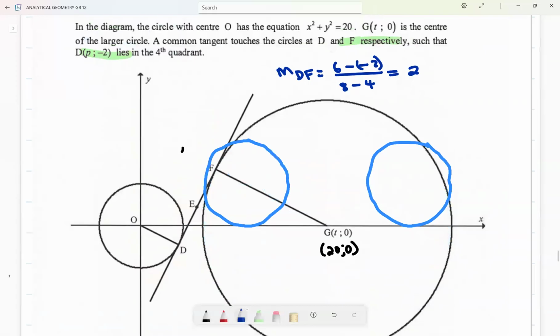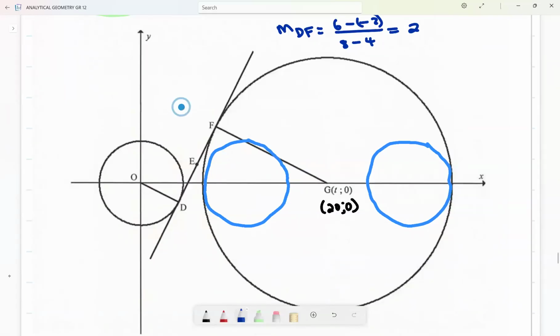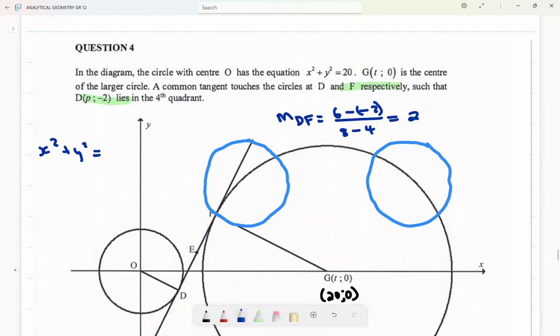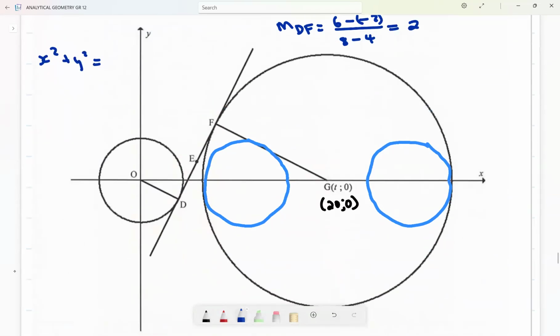Let me bring that down. We have the equation of the smaller circle, and it has an equation of x squared plus y squared is equal to 20.